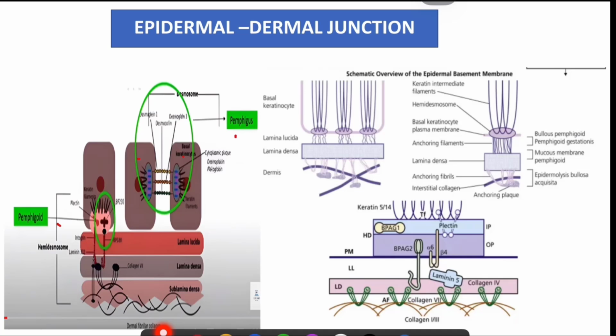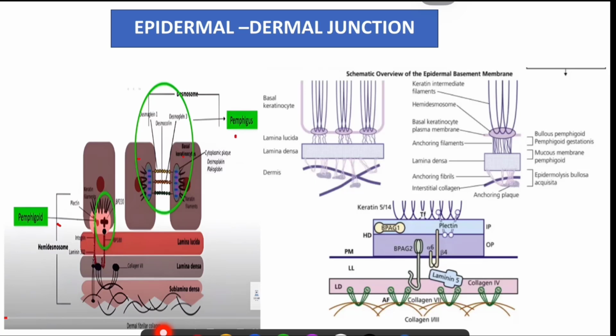So here you can identify, see, this is the basal keratinocyte, where this is the keratin intermediate filaments, this is the hemidesmosome, this is the plasma membrane, these are the anchoring filaments and anchoring fibrils and collagen, and this is the anchoring plaque.